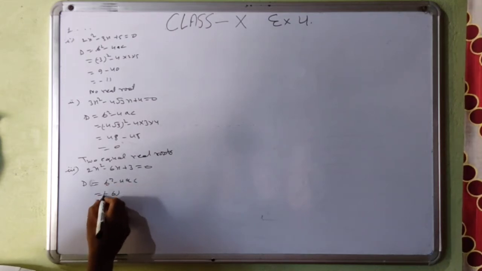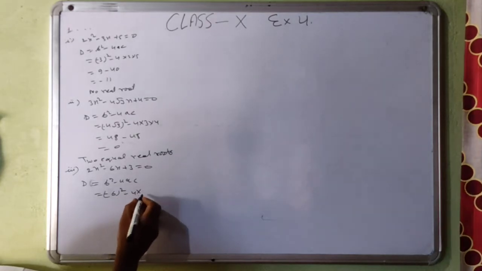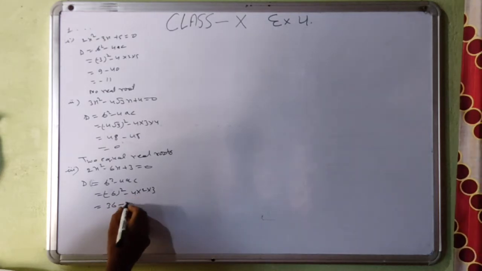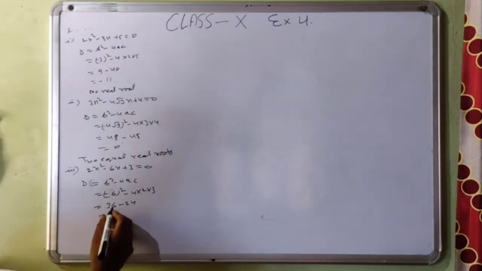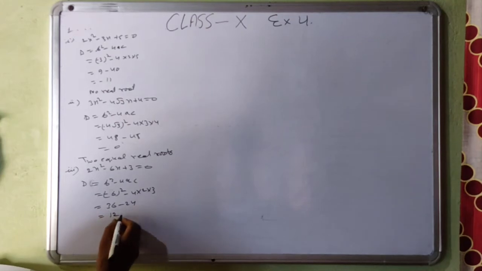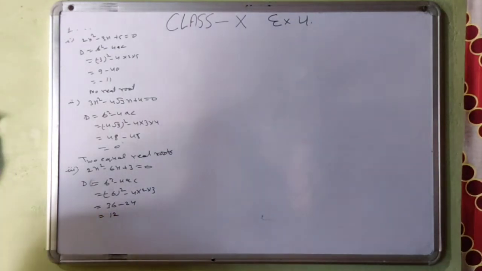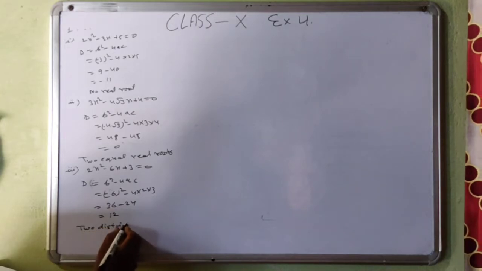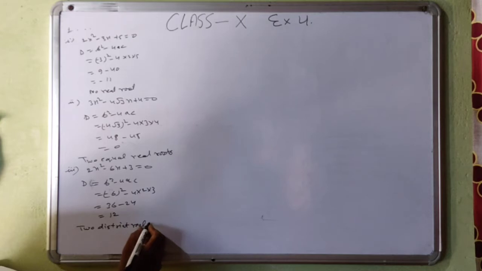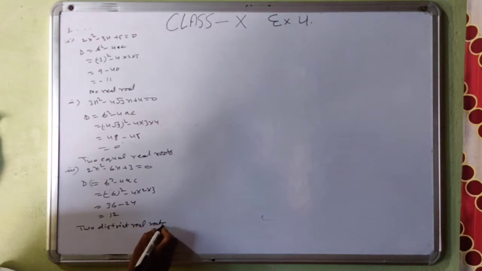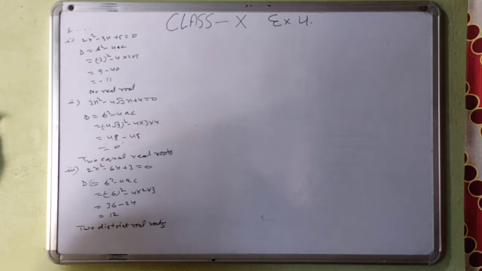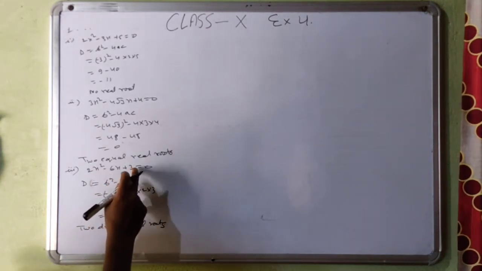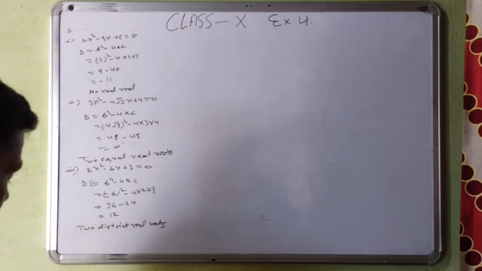So (minus 6) square minus 4 into 2 into 3, so 6 sixes are 36 minus 4 twos are 8, 3 eights are 24, is equal to 12. 12 means that there are two distinct real roots. And then you can find these by the completing the square method. That is difficult, so you can apply splitting the middle term here.